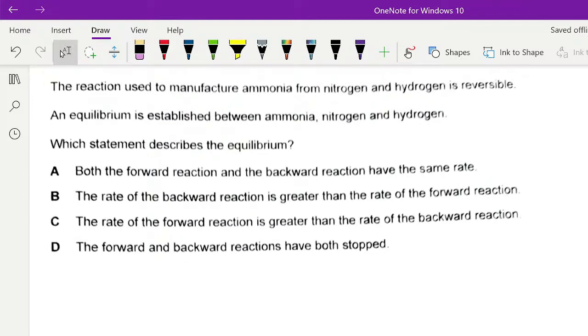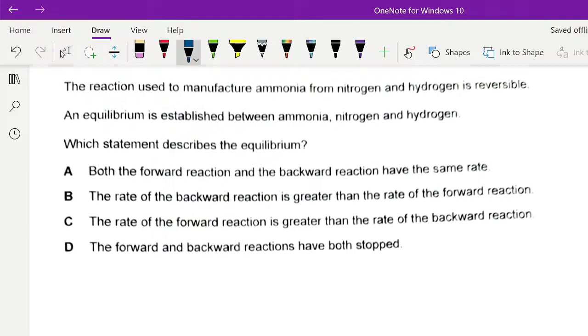Reaction production of ammonia is reversible. The equilibrium is established. Which statement describes equilibrium? So both forward and reverse reaction have the same rate. This is correct. And because of that, the concentration of both reagents and products stays constant.